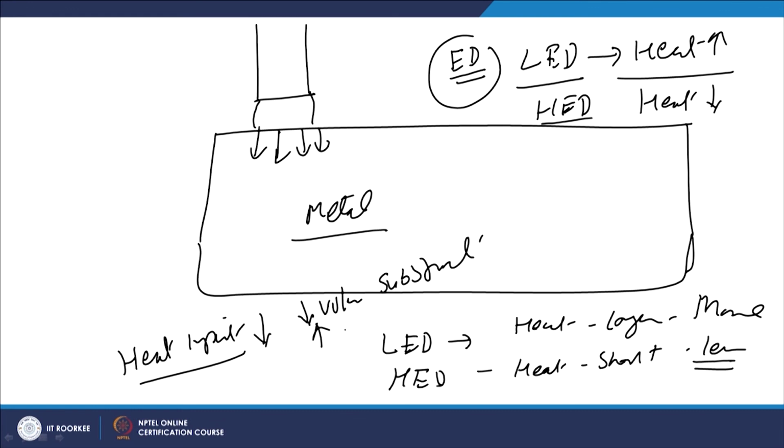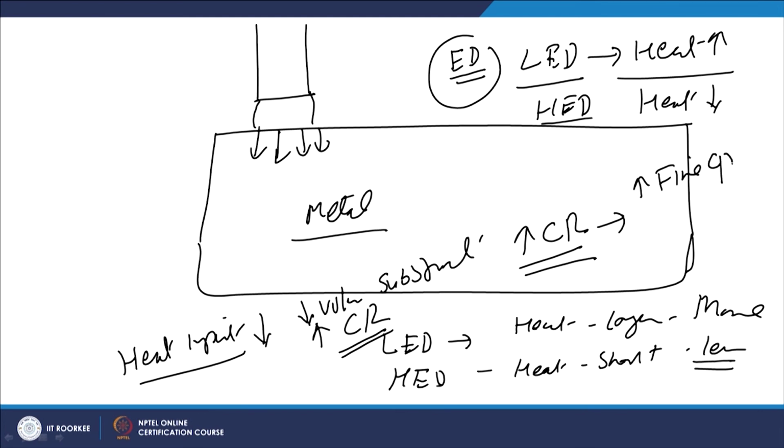This increases the cooling rate experienced during the solidification. So, all those processes which have higher energy density will lead to a higher cooling rate during the solidification of the molten metal, and a higher cooling rate will lead to a fine grain structure.